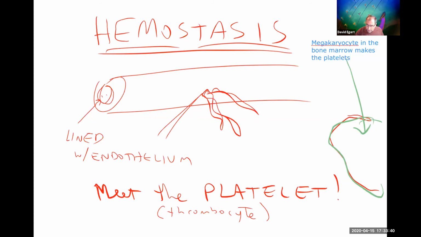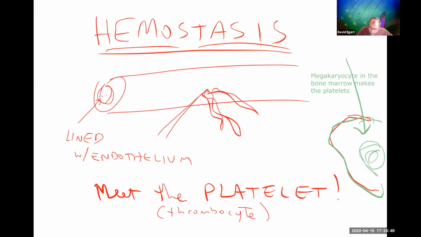This weird big cell is called a megakaryocyte because it's got a really big nucleus. And the way it does it is it makes little granule-filled packets. So it makes stuff, fills some little thing and pinches it off. So the platelet is actually just a little vesicle filled with granules.